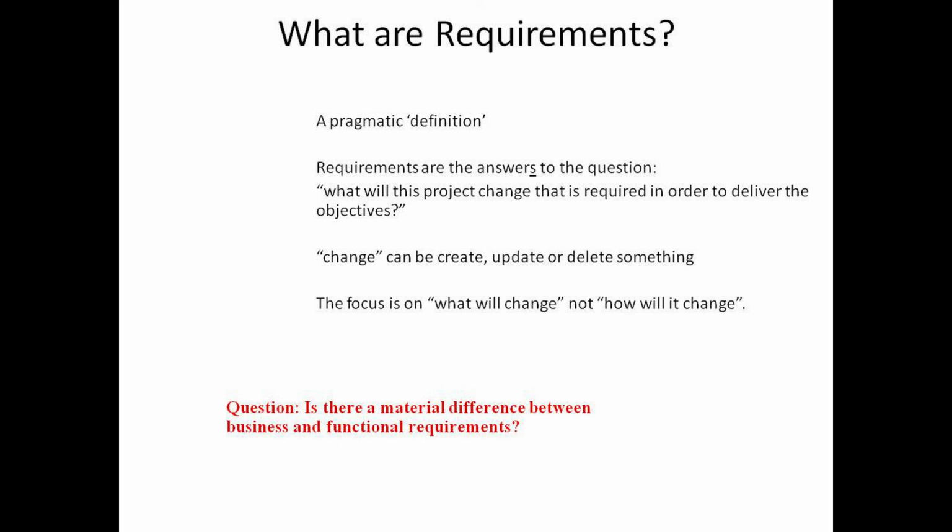So what is the difference between business and functional requirements? There is a material difference, because they talk about two different languages. What are the business requirements, and what is functional?